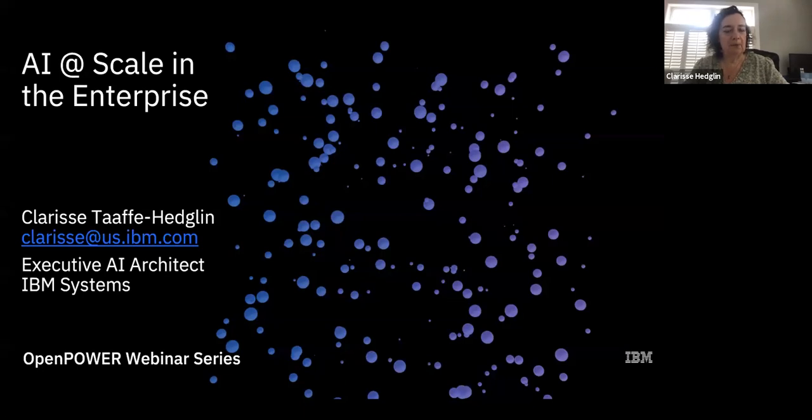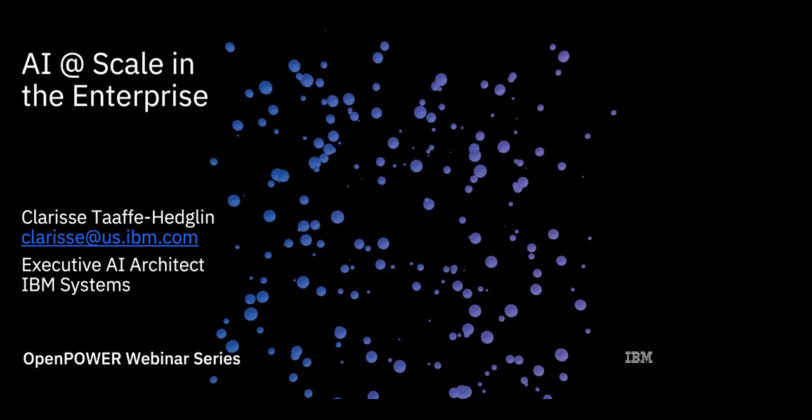But this presentation is mostly focusing on how it applies in the enterprise and what machine learning and deep learning mean to data analytics and how it's leveraged in client situations. So a little different from some of the traditional HPC type topics.